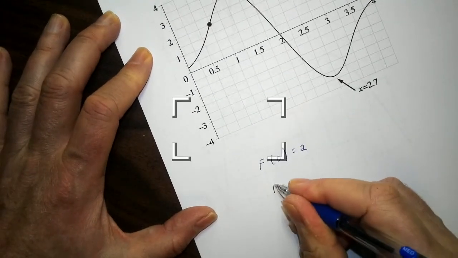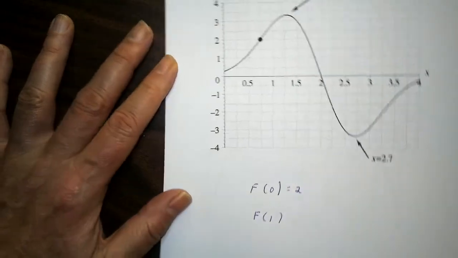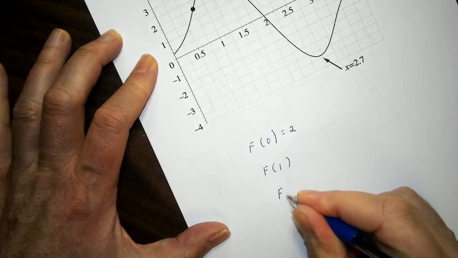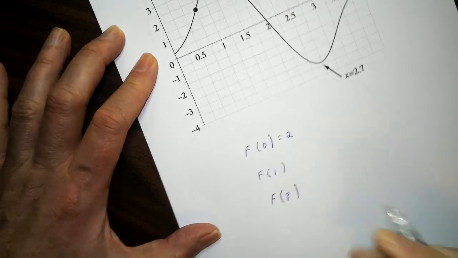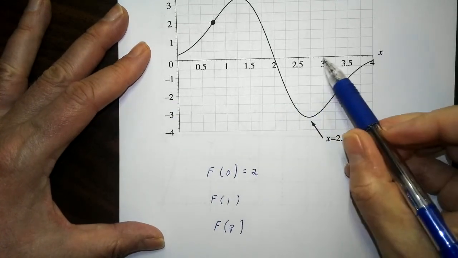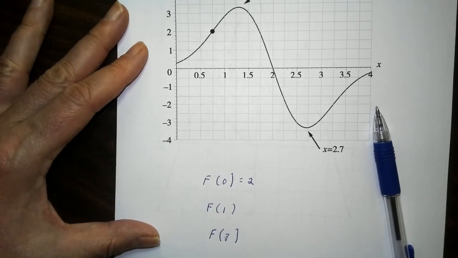Let's see if you can estimate capital F of 1. And why don't you see if you can estimate capital F of 3 as well? Estimate each of those using Riemann sums. Now remember, over here, some of your rectangles will be below the horizontal axis where the graph is below.